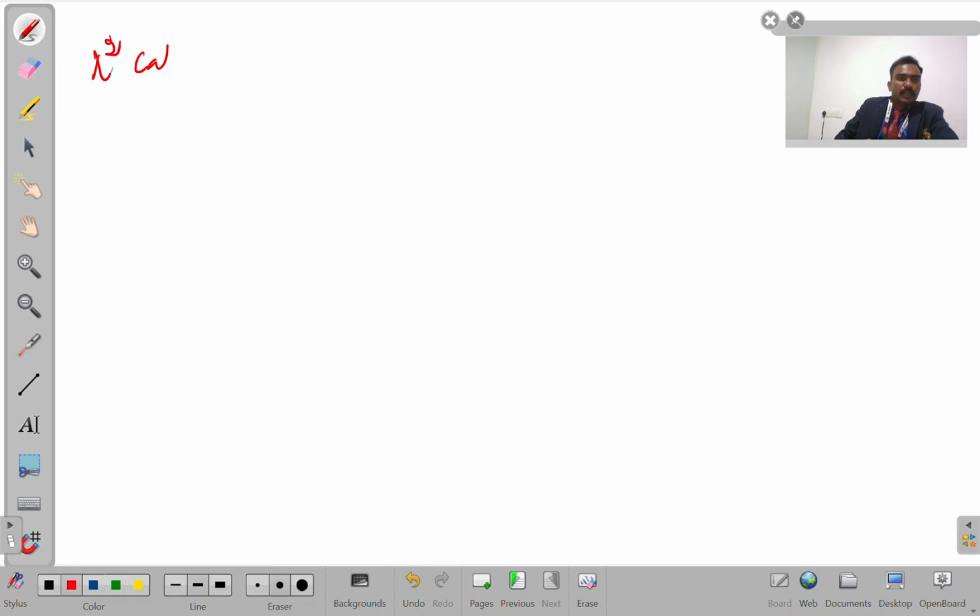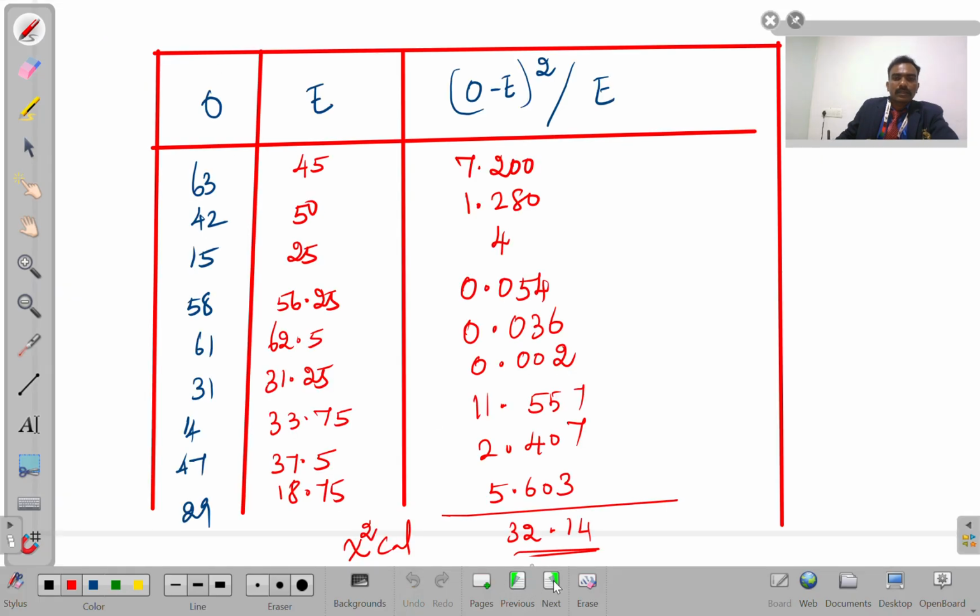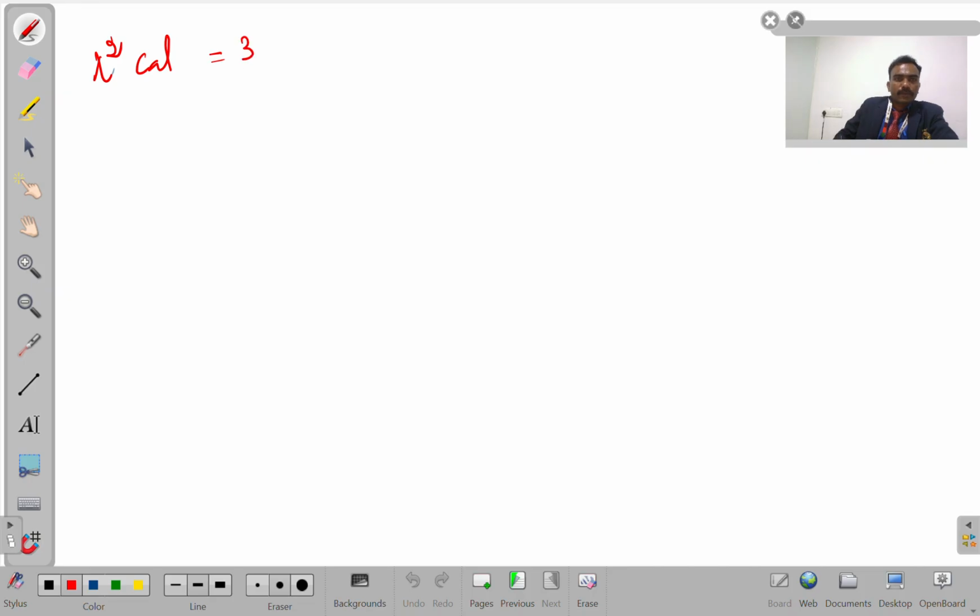The chi-square calculated value is nothing but 32.14. Once you find the calculated value, or test statistic value, then we can find the chi-square table value.